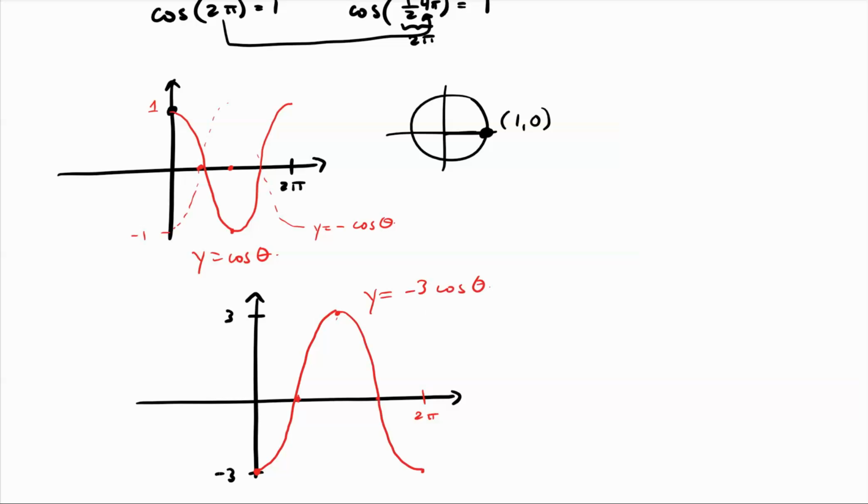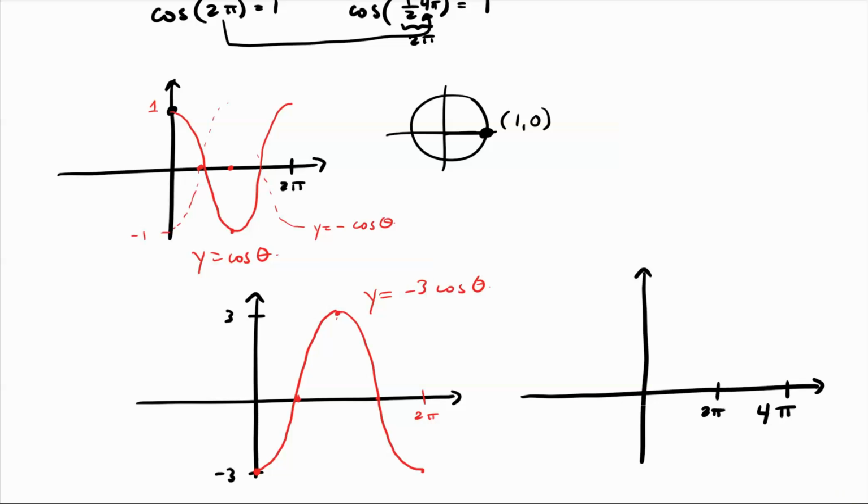And finally, what do I need to do? I need to stretch it by 2. Not compress it by 1/2. So instead of going to 2 pi, it's going to go to 4 pi.